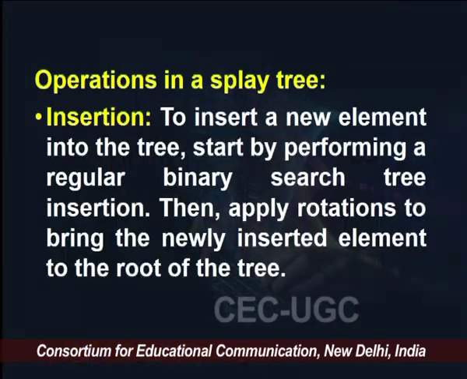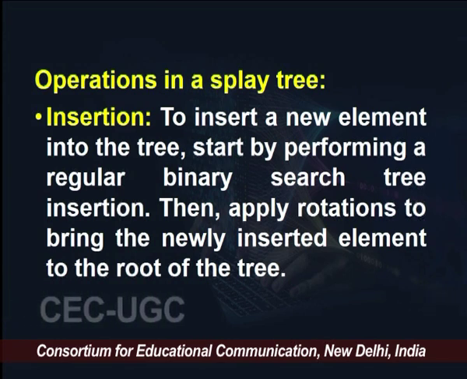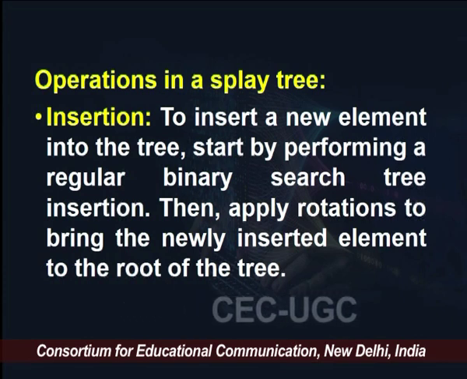So, when we talk comprehensively about the operations in a splay tree, they can be search, insertion, deletion and splaying. For insertion, we need to insert a new element into the tree.